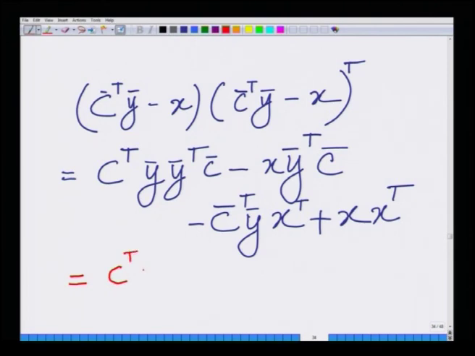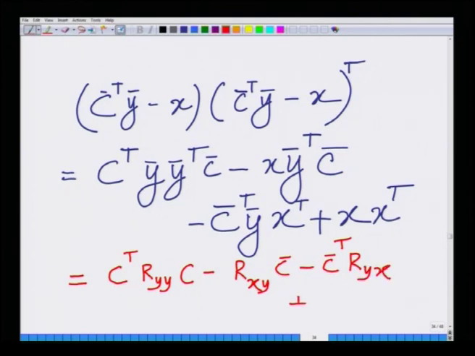c transpose R y times c minus R x y times c minus c transpose R y x plus R x x.